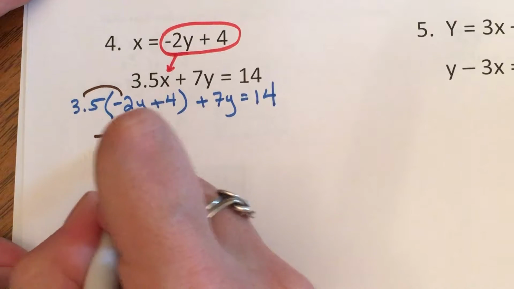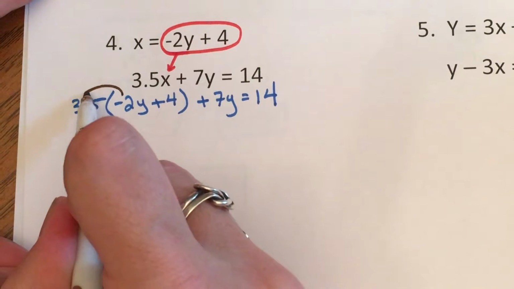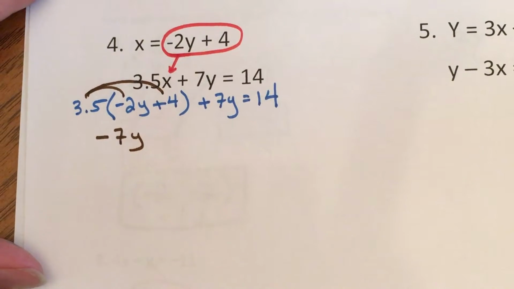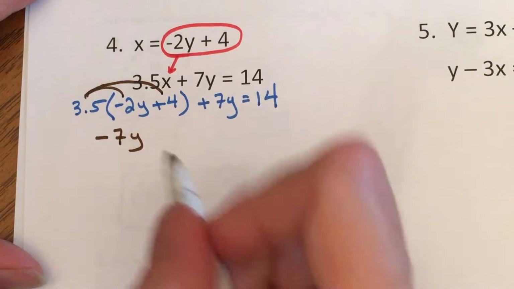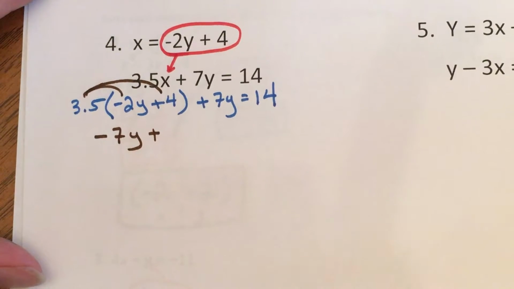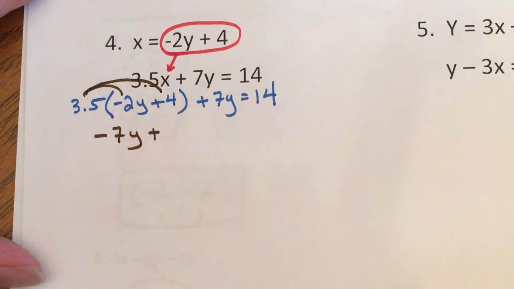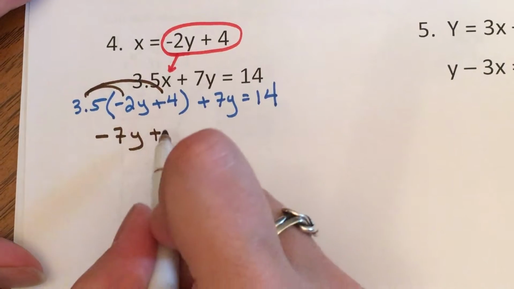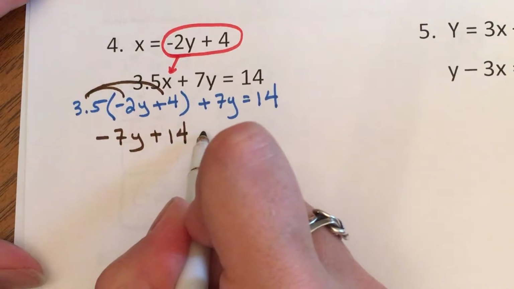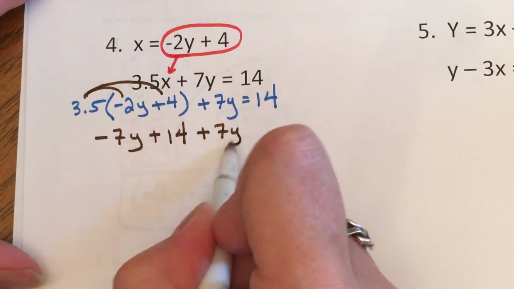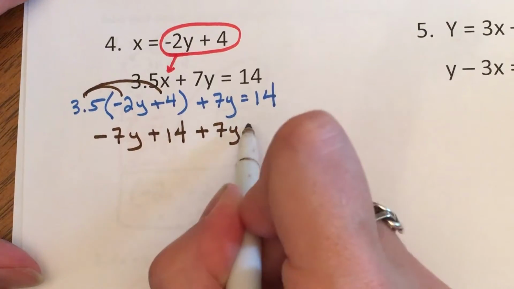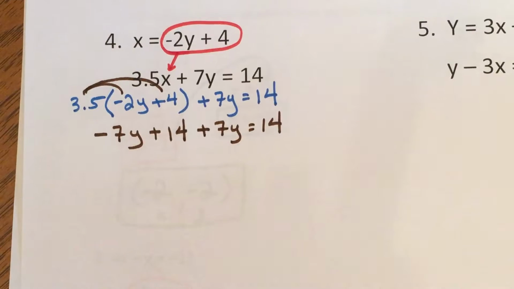So negative 7y. Let's distribute again. 3.5 times 4. So again, break out your calculator. And we discover that makes 14 plus 7y equals 14. All right.